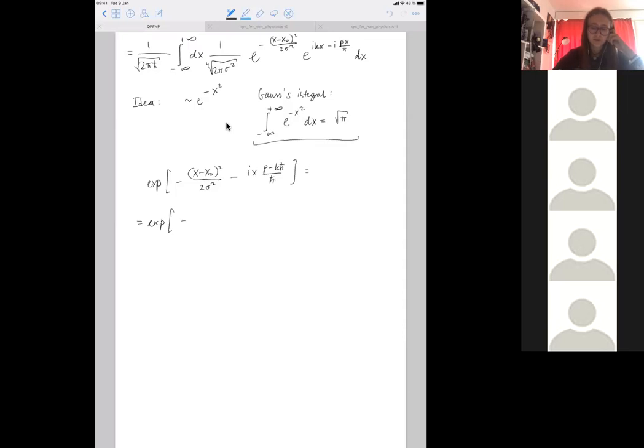What is this? Actually, maybe we first do the substitution here. We can substitute x minus x0 to x, and the bounds of the integral will not change.